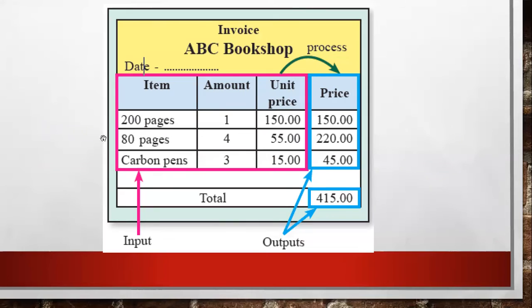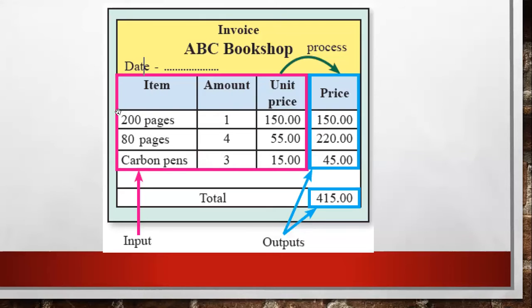There's a book with 200 pages and the unit price is 150. Then there are 4 books with 80 pages and the unit price is 55.